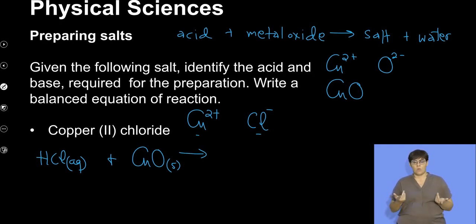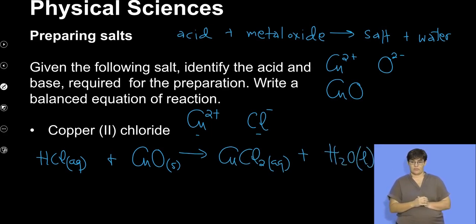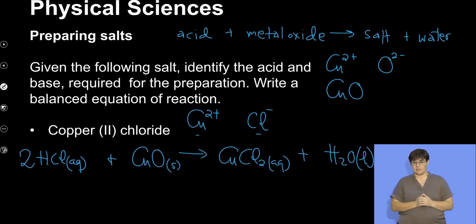So what are we going to get? We'll get copper(II) chloride, which is CuCl2. That's our salt, plus water, which is our byproduct. And when it comes to the balancing, the copper chloride formula unit has got 2 chloride ions, so we can put 2 there, so that at the end of the day, the equation of reaction is balanced.